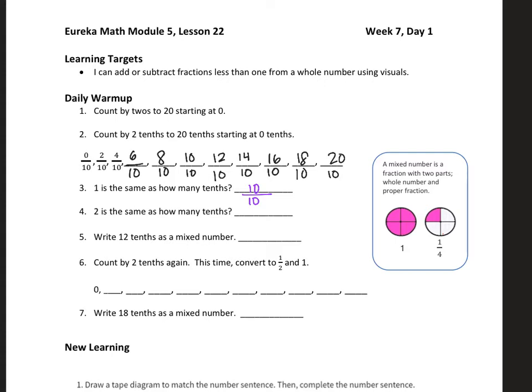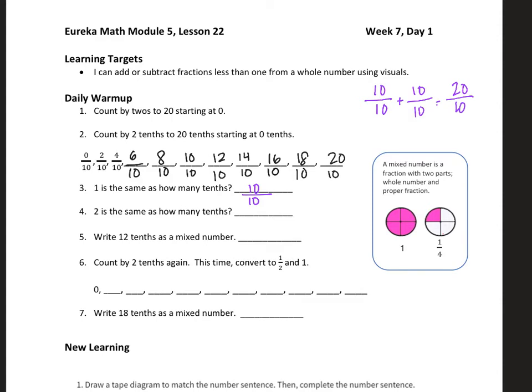All right? Now, I want to think, 2 is the same as how many tenths? So if 10 tenths is the same as 1 whole, I'm going to need another 10 tenths to make 2 wholes. And I know that if I have 2 10 tenths, that's going to give me 20 tenths.